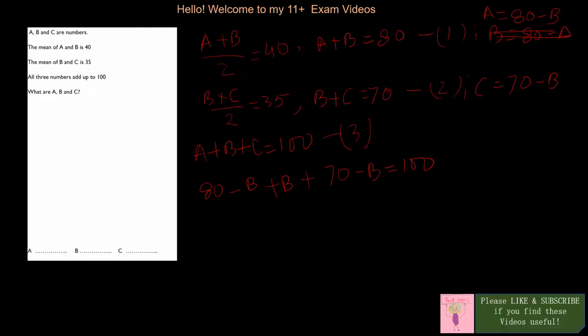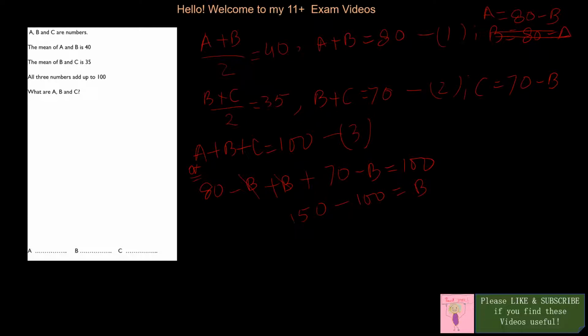Yes, that's what it is. Okay, this is continuing from 3. So minus B plus B cancel each other out, and 80 plus 70 is 150. So 150 minus 100 equals B, because B goes to the right hand side and 100 comes to the left hand side.